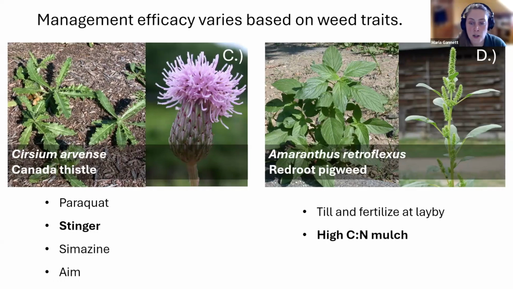So for this weed, I might consider, for the long term, adding a mulch, especially one that would have a high carbon to nitrogen ratio, which would actually take some of the nitrogen that's in the soil and kind of immobilize it in the microbial community as it's decomposing that high C to N mulch. And then you're creating a soil environment that's less beneficial to the germination and growth of this particular weed species. So it's not that tillage is necessarily a bad thing in this situation, but in the long term, you're going to think about how this is recruiting that particular species.